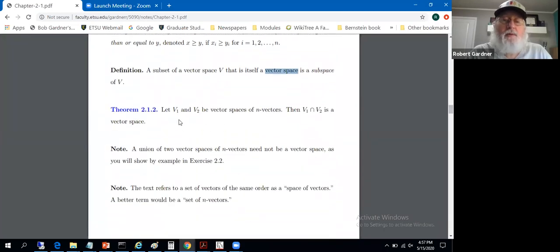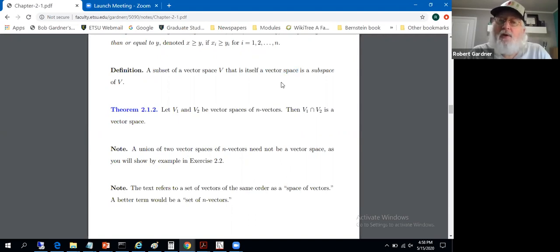Down here, we're claiming, theorem 2.1.2: if V1 and V2 are vector spaces of n vectors, then V1 intersect V2 is a vector space. So what we need to show is that intersections of vector spaces are vector spaces.